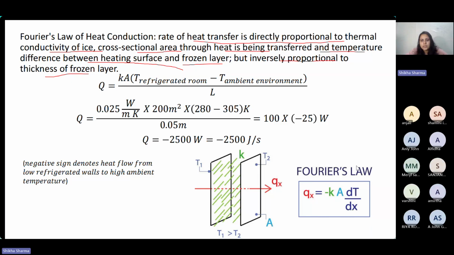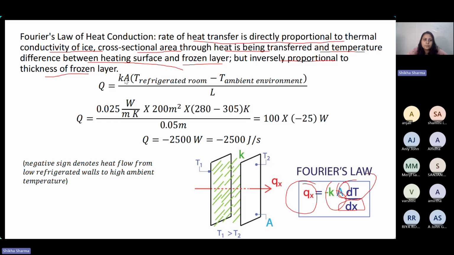So Q, the heat transfer, is directly proportional to the thermal conductivity, area, and the temperature difference, but inversely proportional to the thickness of the layer. So Q equals K A dT by dx.